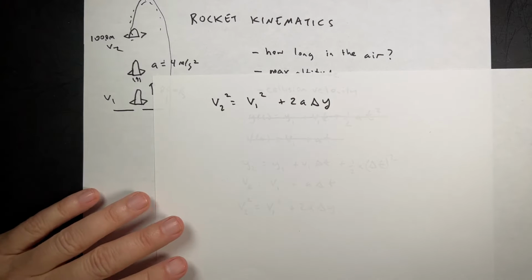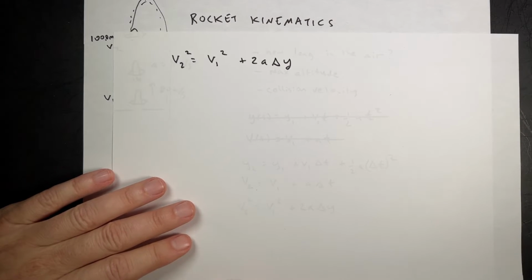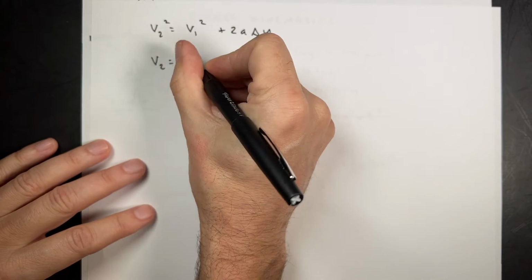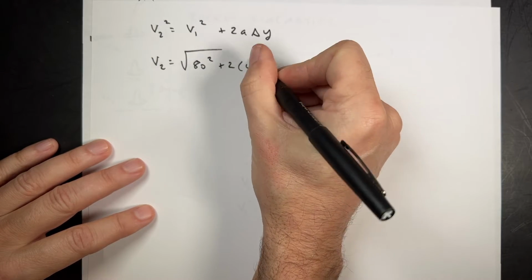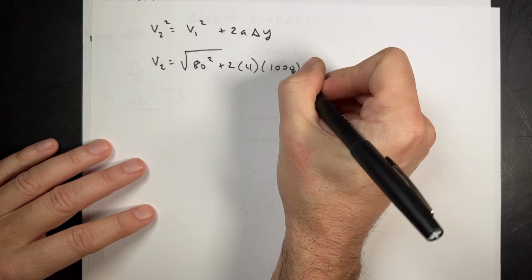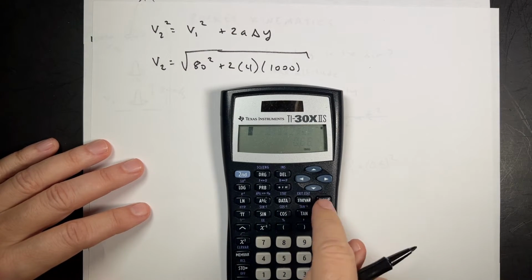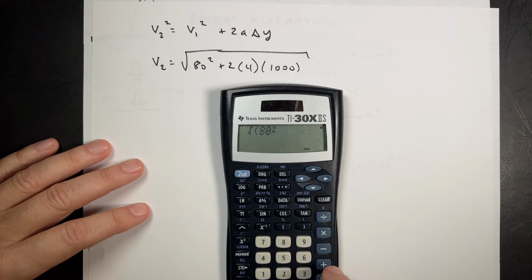Okay, so that's really it. Let's go ahead and put the numbers in. Everyone likes numbers. So v2 is the square root of 80 squared plus 2 times 4 times 1,000. Get my calculator out. So it's going to be the square root of 80 squared plus 2 times 4 times 1,000.